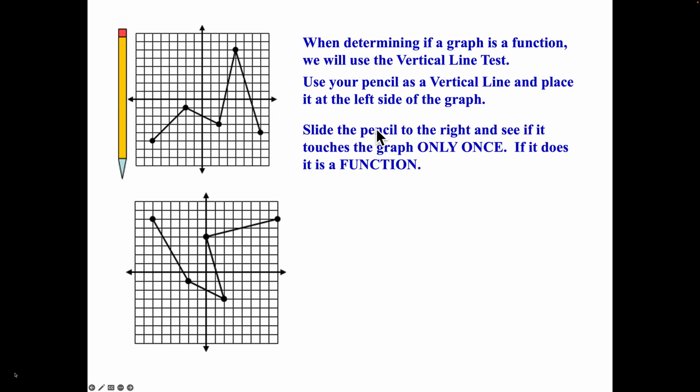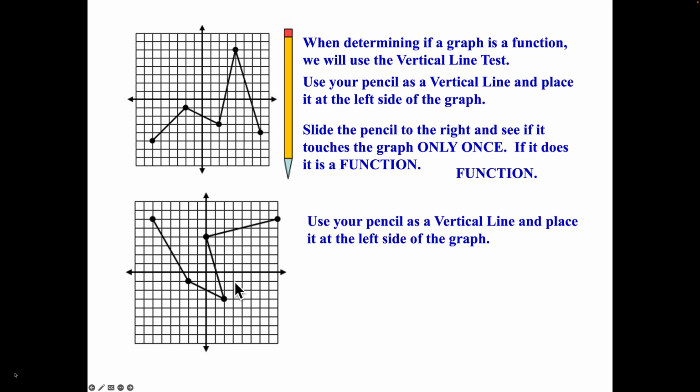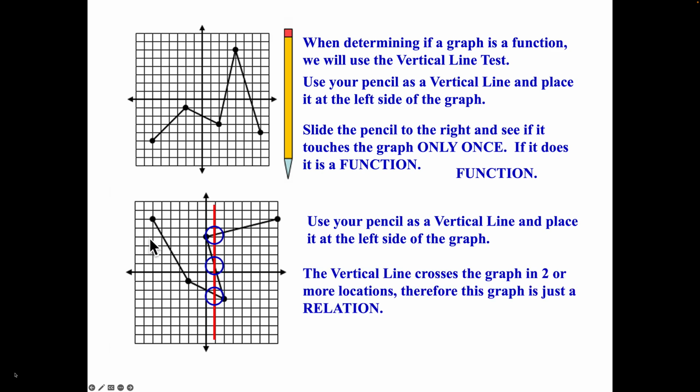As you slide the pencil to the right, if you see it touches the graph only once, it is a function. So if I take my pencil and I slide it across once, that's a function.